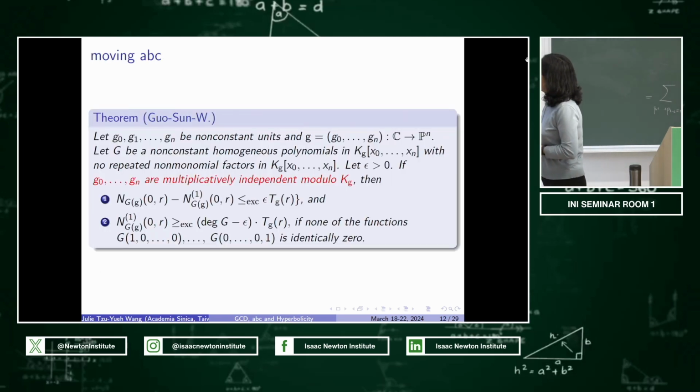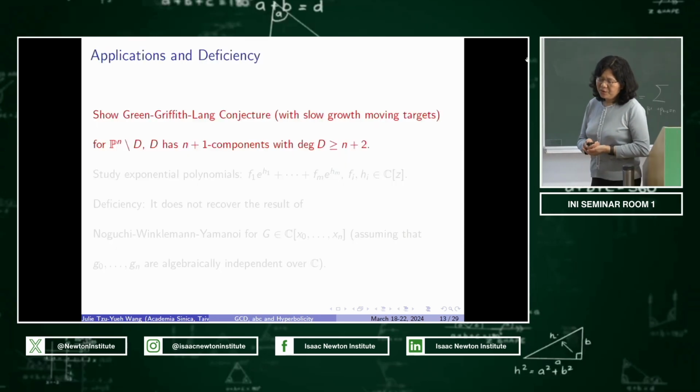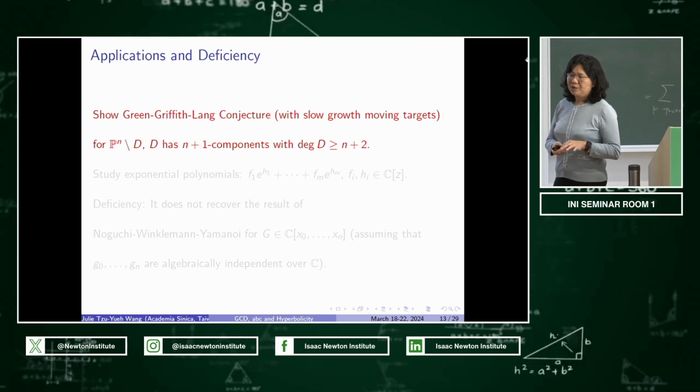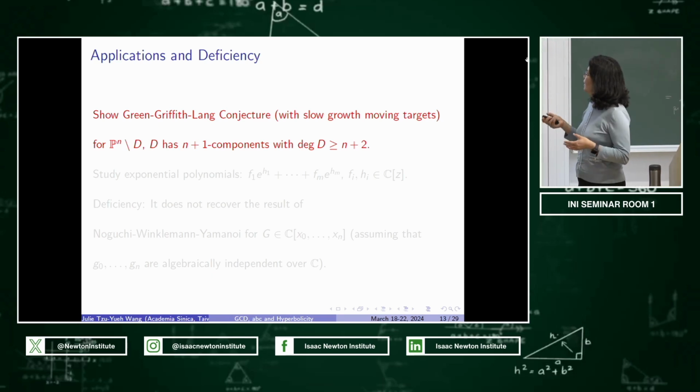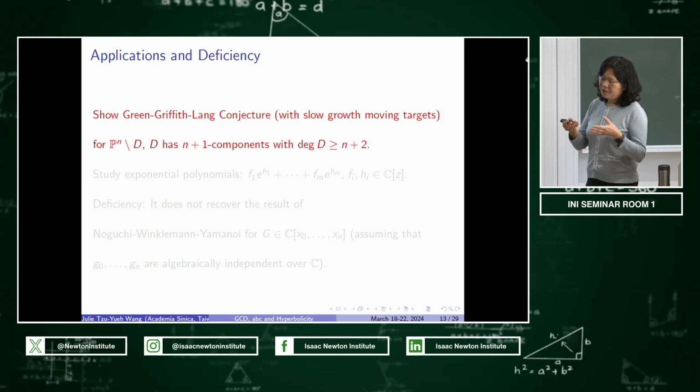After we did this, we know that you can do the Green-Griffiths conjecture for n+1 components. So for P^n, D would be n+1 components, and it's a hypersurface. Originally the hypersurfaces are defined over C, but now you can define them over small functions.